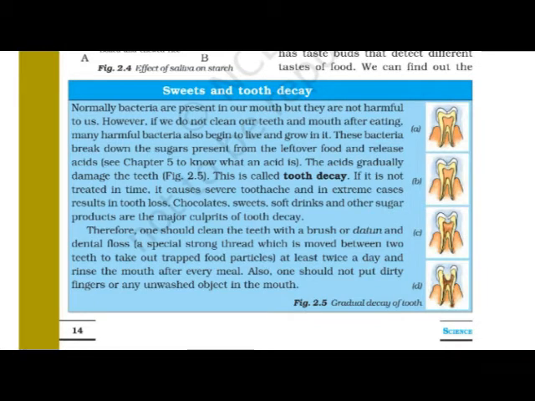We know some of the passages of our body, how the food goes into the stomach from the mouth. Then we have learned in the previous classes how the air goes from the nose into the lungs. So sometimes we eat in a hurry, and the food particles go into the windpipe.